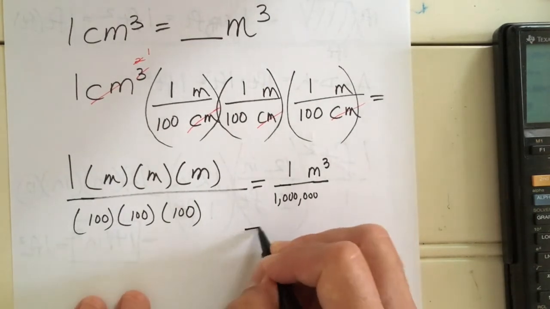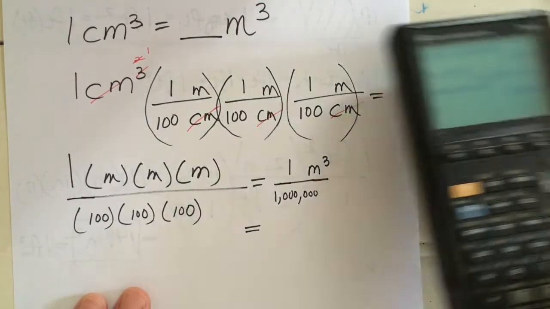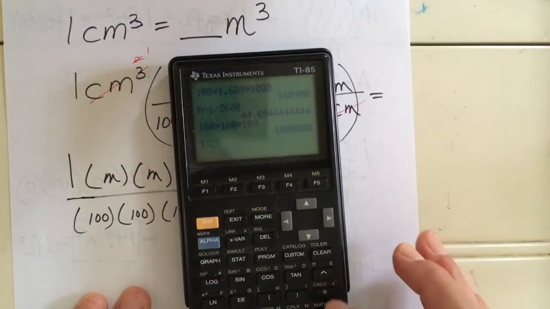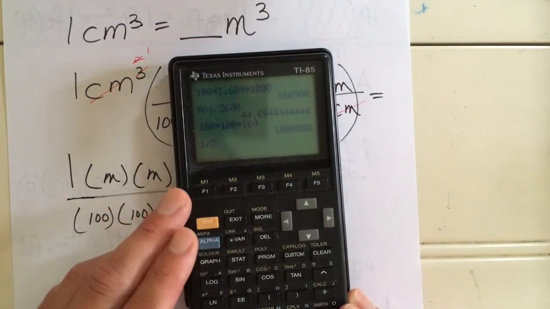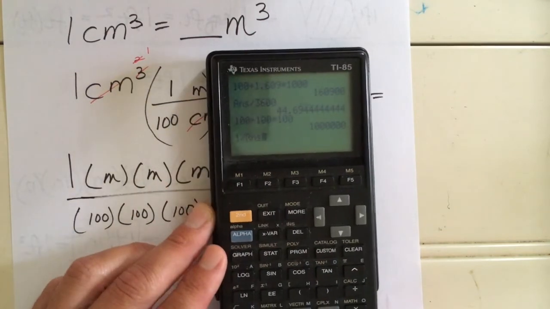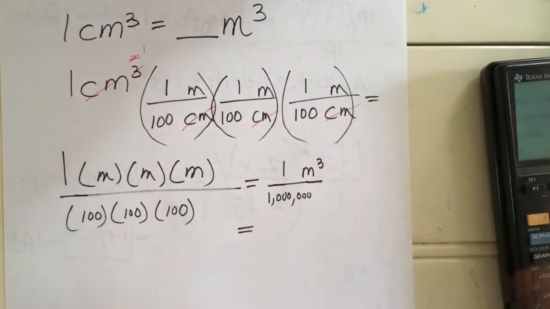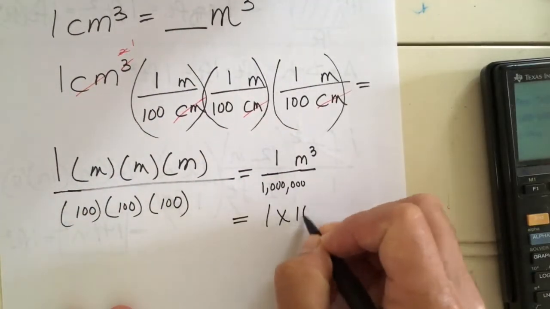It's important to realize that the units are on top there, with meters cubed. Another way to write it would be to actually do the math, to take 1 divided by the answer. 1 times 10 to the negative 6 is what my calculator informed me.